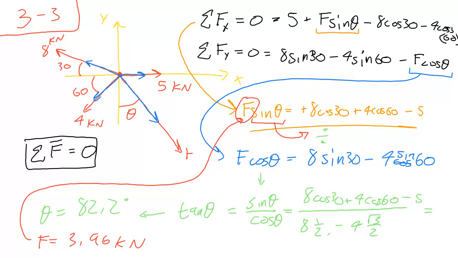So basically, the whole idea was, we've got all these forces here, we break them into components, x and y, set it equal to 0, use those two equations to solve for whatever we need to solve for. So let's do another example.